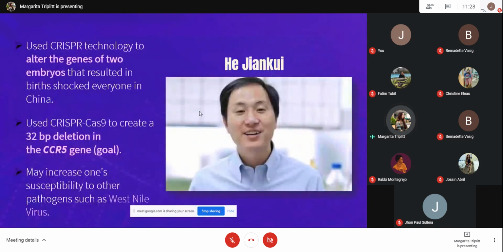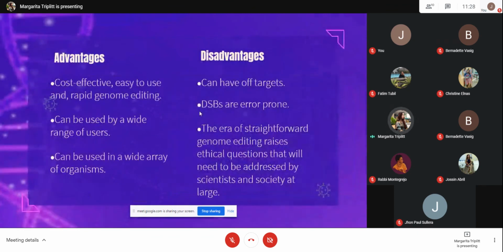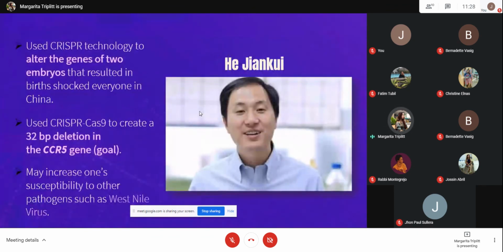So I have here an example of how CRISPR-Cas9 genome editing would affect the society if it is used without hesitation.